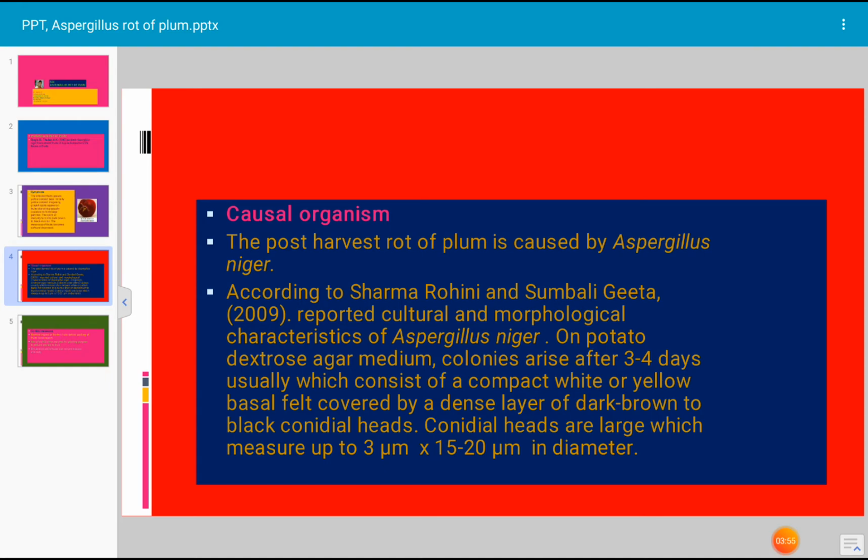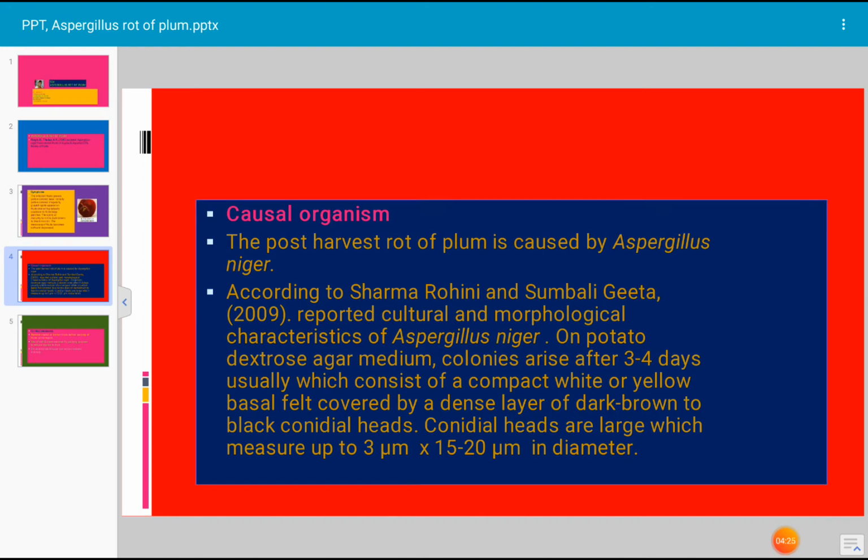They observed the colony of Aspergillus. Within 3 to 4 days the entire plate was filled. The conidial heads developed were very large, measuring about 3 μm to 15 to 20 μm in diameter. The conidial heads were globose, dark brown, and the conidiophores are smooth walled, hyaline, and gradually turn dark toward the vesicle.